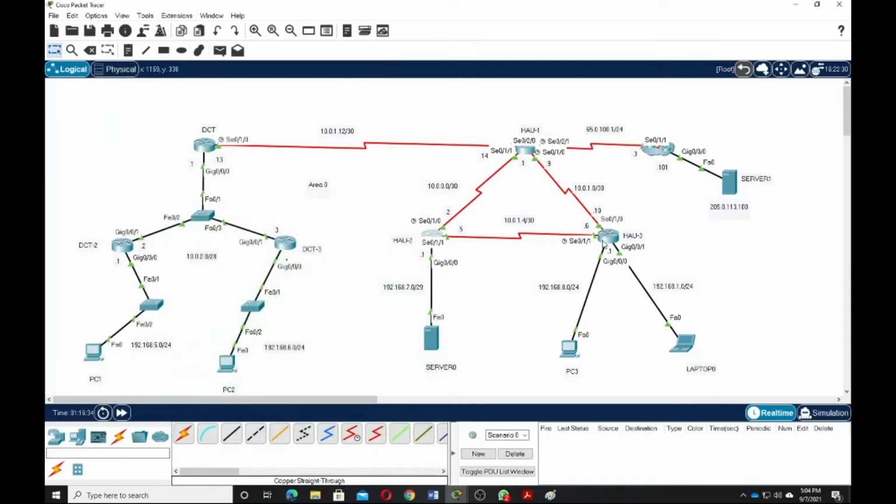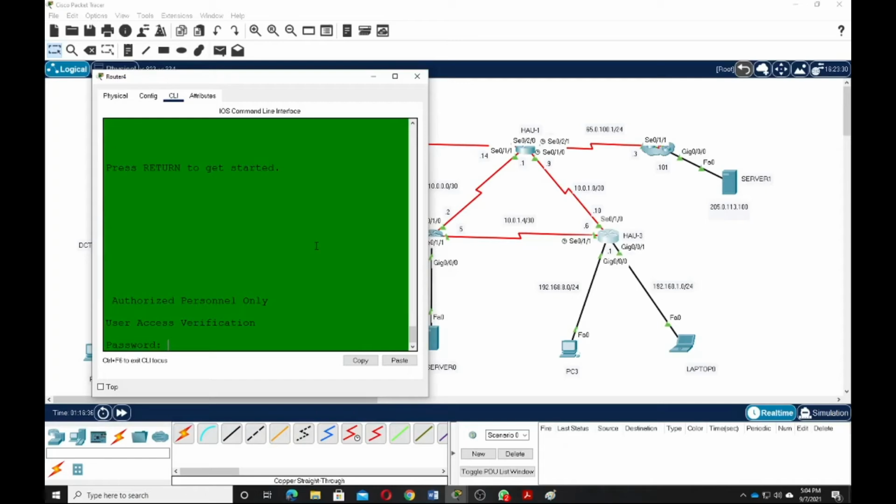And then the last one is this one. Cisco, enable, class, config t, router OSPF 10, auto-cost reference-bandwidth 10,000.